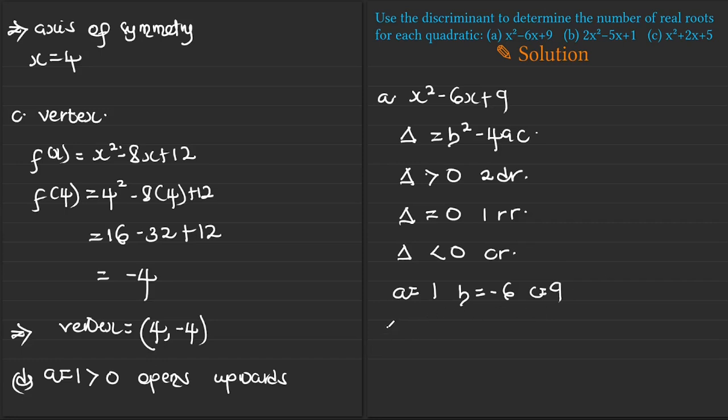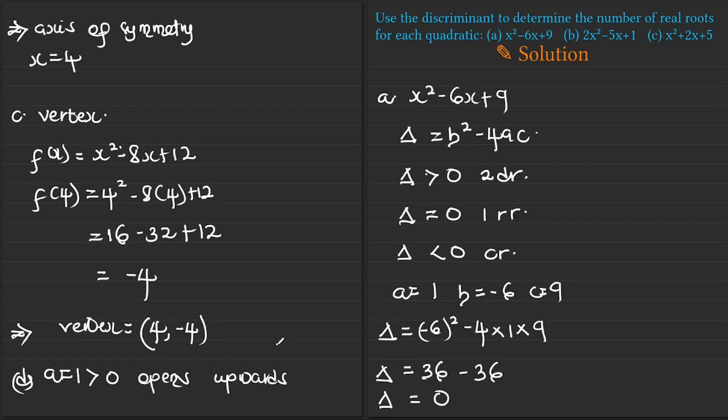So our discriminant is obtained by simple substitution: b squared gives us (-6) all squared, then minus 4 times a, which is 1, times c, which is 9. (-6) squared gives us 36. Then negative 4 times 1 times 9 gives us negative 36. 36 minus 36 simply gives us 0.